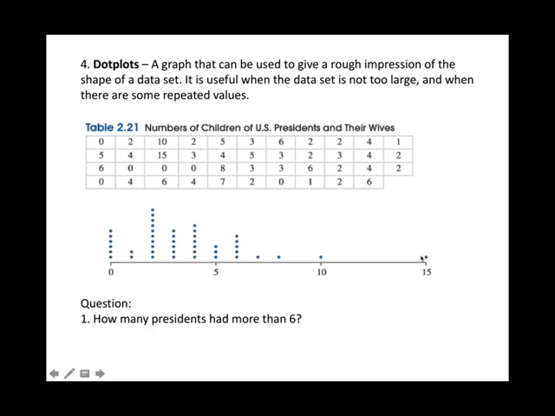So we have 4 presidents who had more than 6 children. And then number 2, what is the most frequent number of children? Within this graph, we can see that the most dots above a position is at 2 here. So 2 is the most frequent number of children.